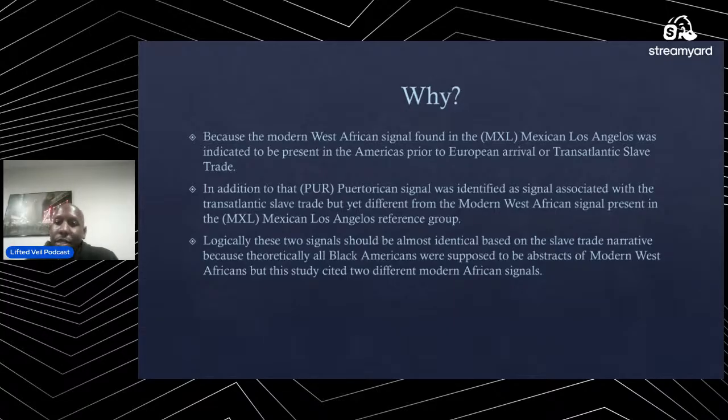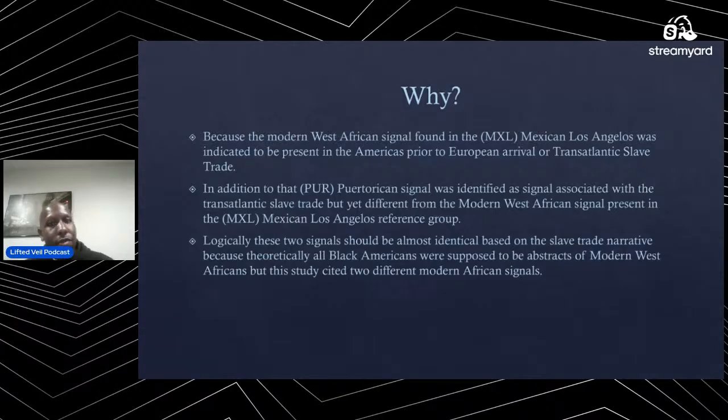This has popped up in this study. It's popped up in several others. But when we say this, it's, oh, no, y'all just wannabes and blah, blah, blah. Now, some of them will accept it and they'll say, it came by way of the slave trade. But here it is. This is indicating that one of the signals is associated with slave trade. The other minor signal was not.